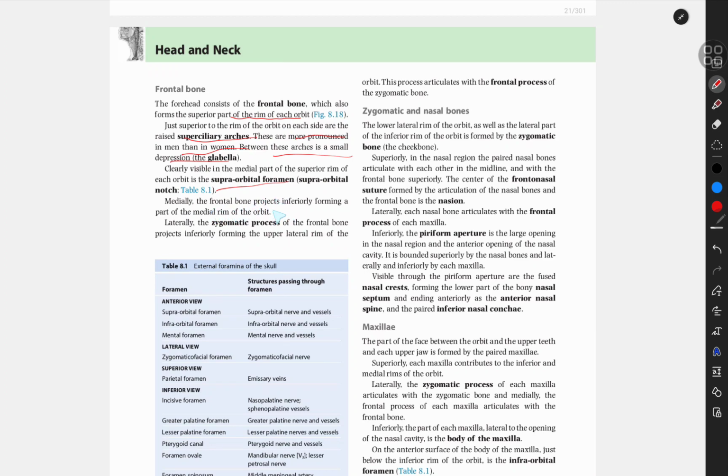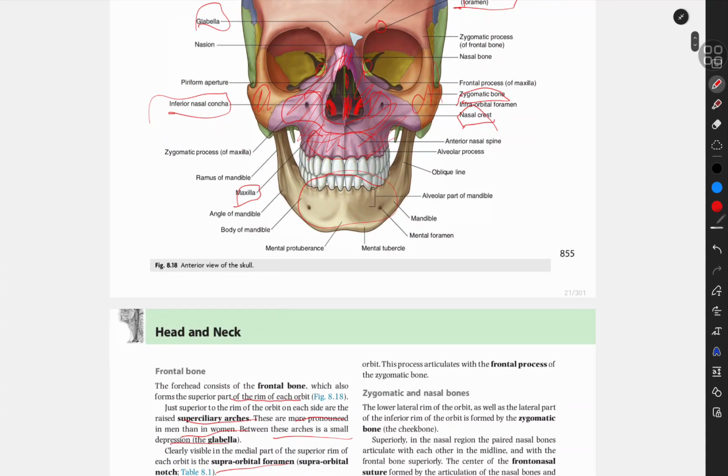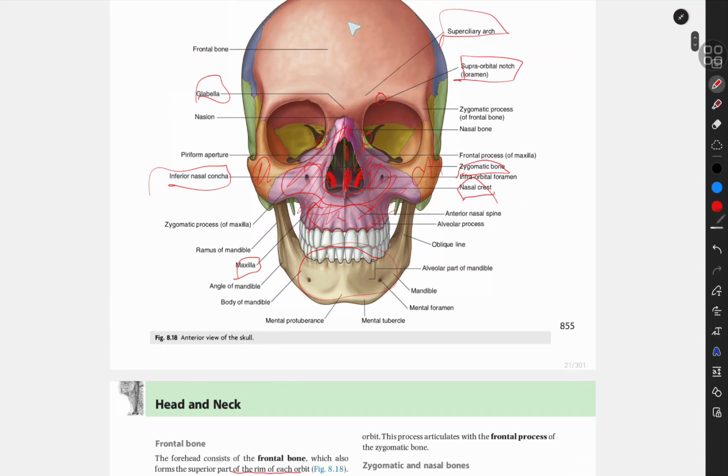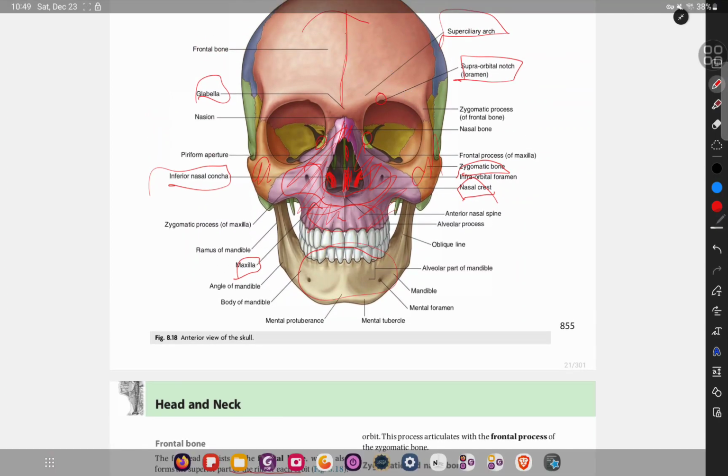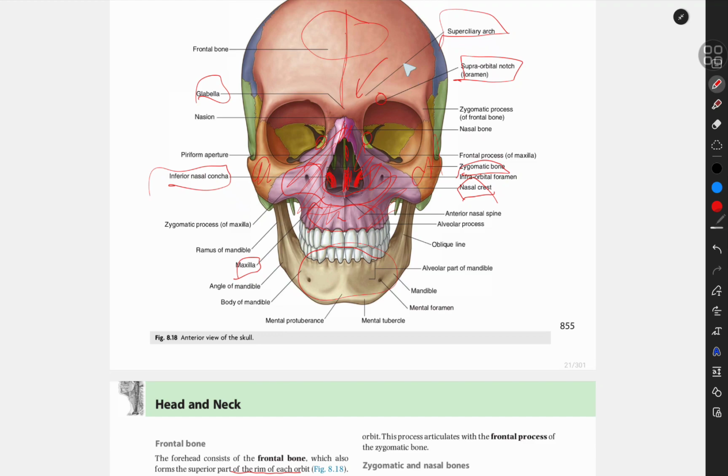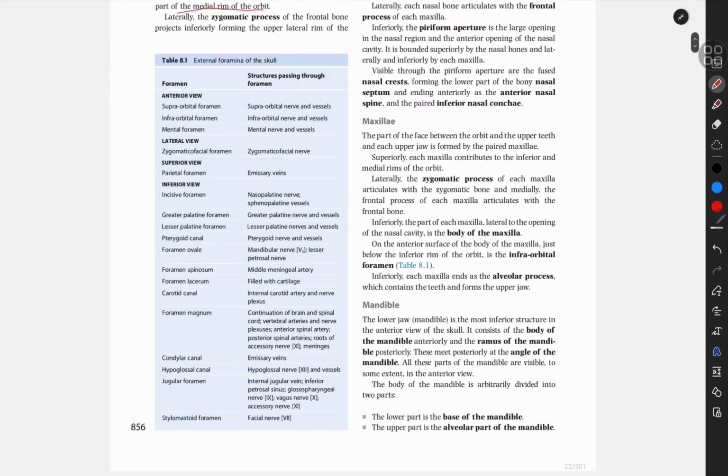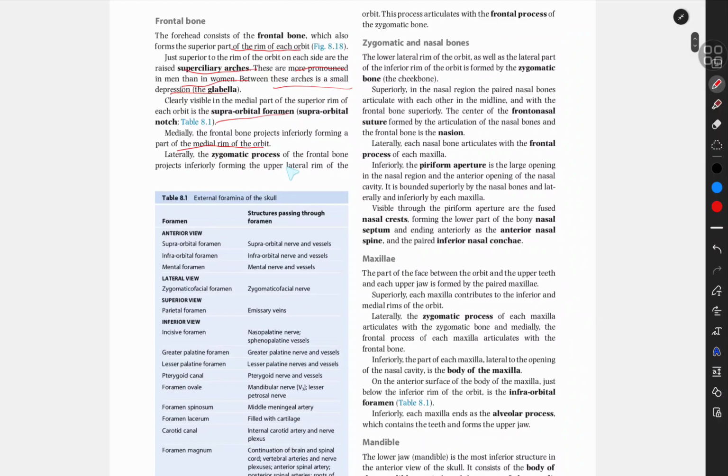Medially, the frontal bone projects inferiorly, forming part of the medial rim of the orbit. The frontal bone projects here inferiorly and medially to form the nasal part of the frontal bone, forming the medial rim of the orbit.